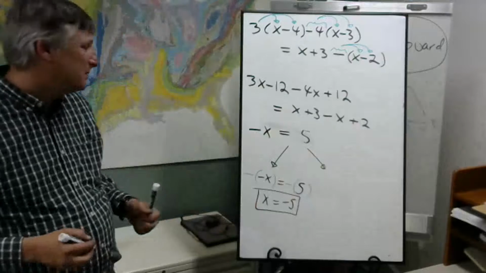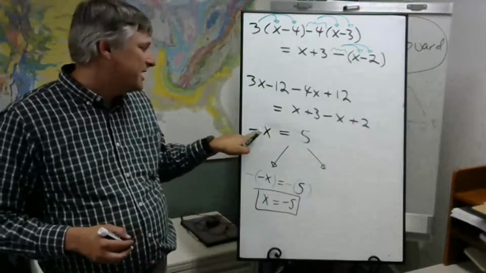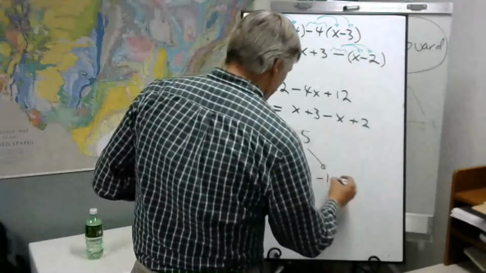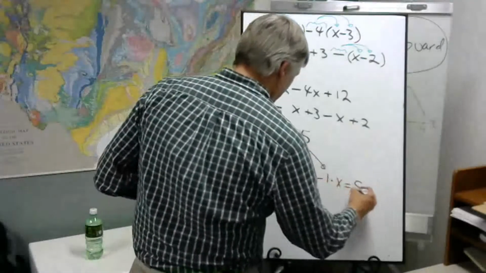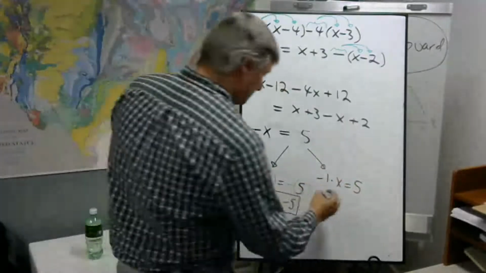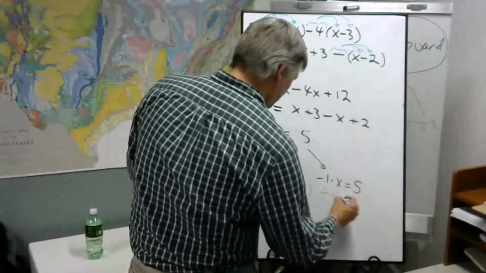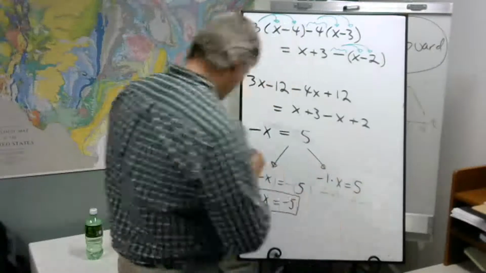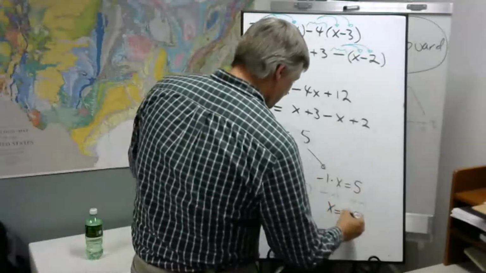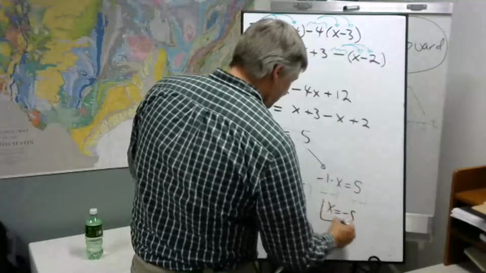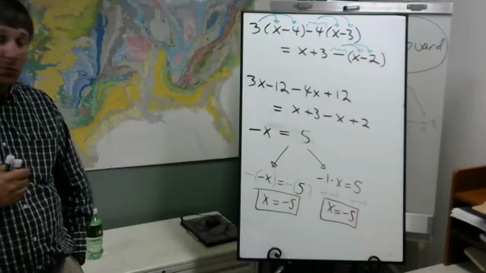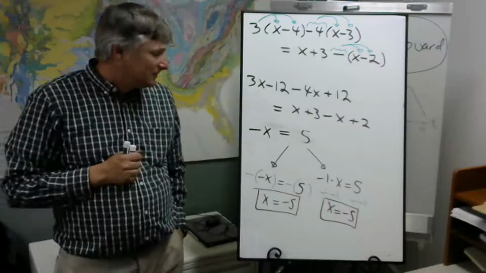Another way of seeing this, you can treat this as negative 1 times x. And then divide both sides by negative 1. And so this gives us x equals negative 5. And the same answers we have. All right.